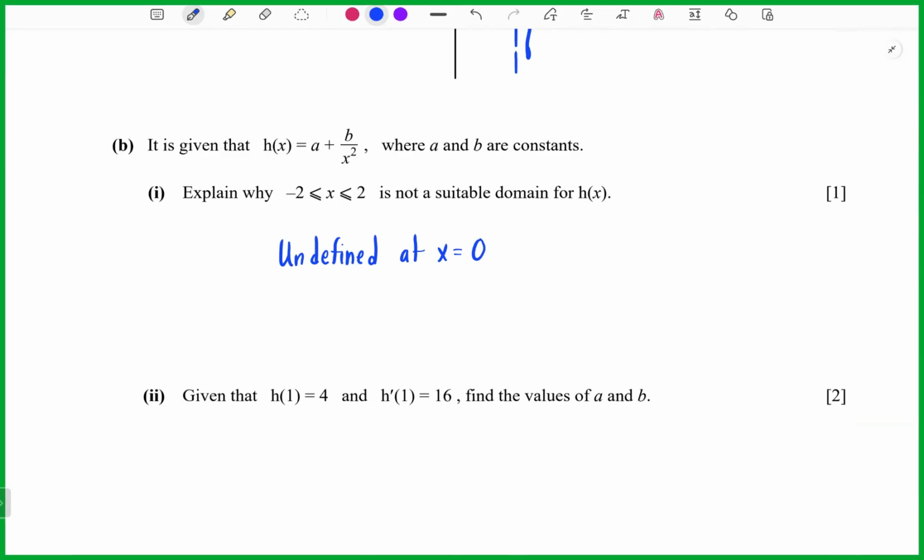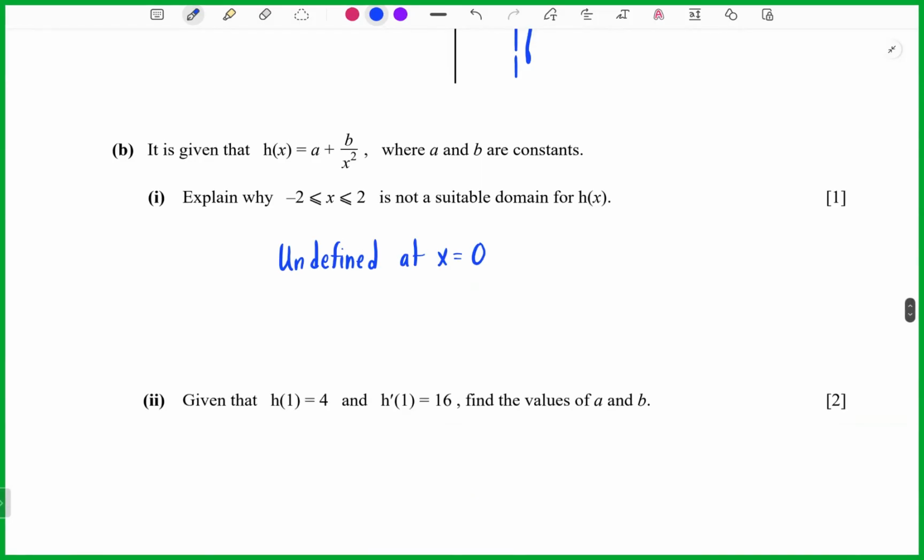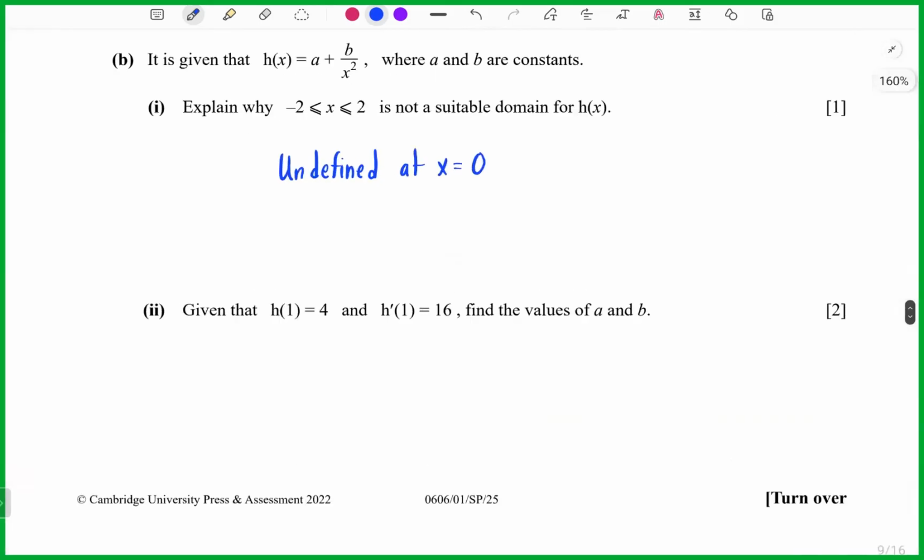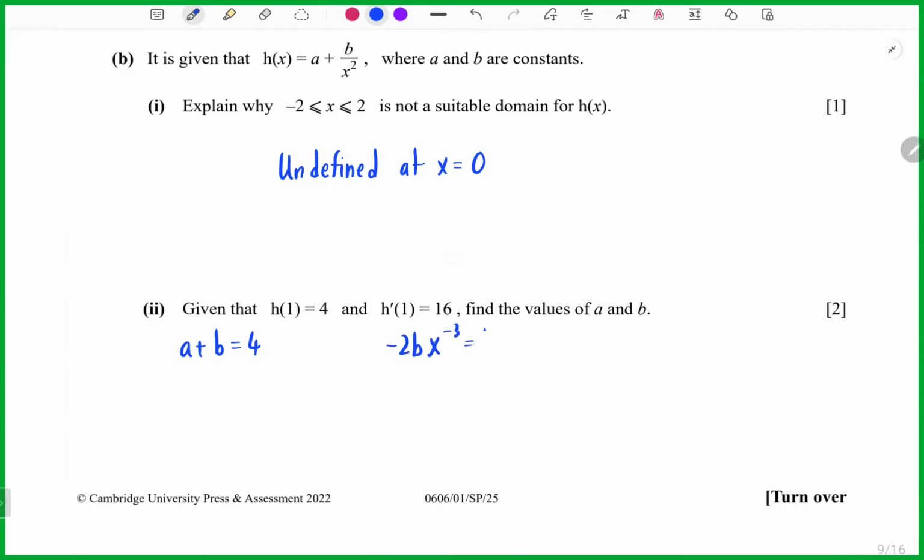Now let's see part 2. Given that h(1) equals 4 and the first derivative when x equals 1 equals 16, you need to find the values of a and b. So a plus b equals 4. For the first derivative, a already cancels, so you just get negative 2b times 1 to the negative 2 equals 16.